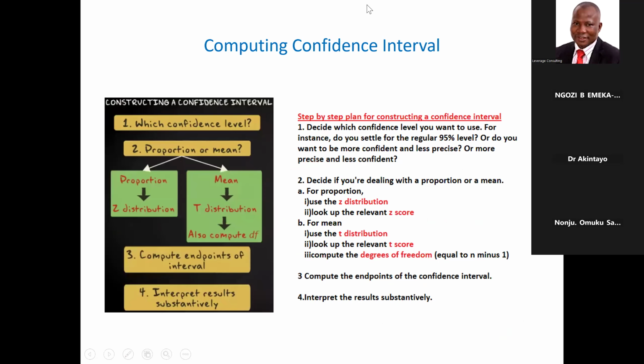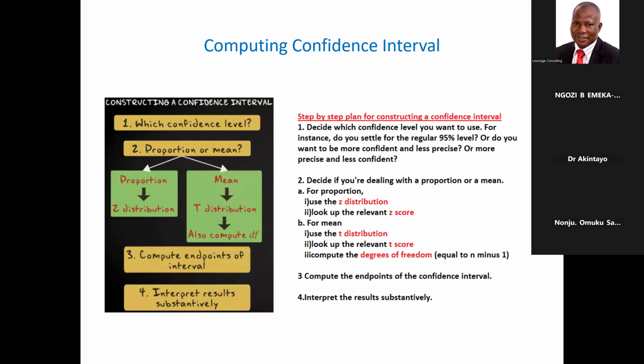Now, I think confidence interval can be for a proportion or for a mean. The proportion follows the Z distribution, the mean follows the T distribution. Those are just jargons, some of the things we have discussed.